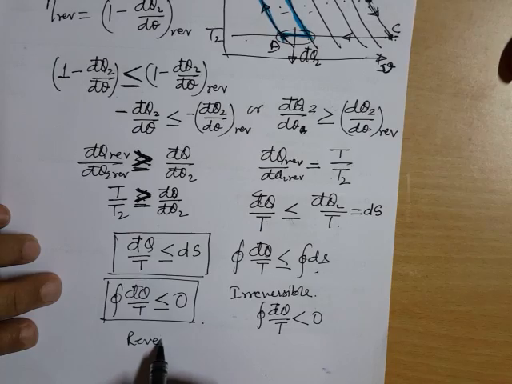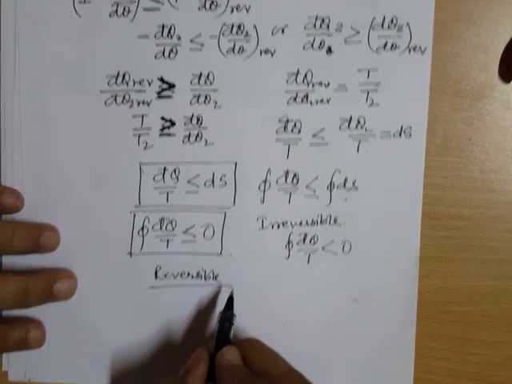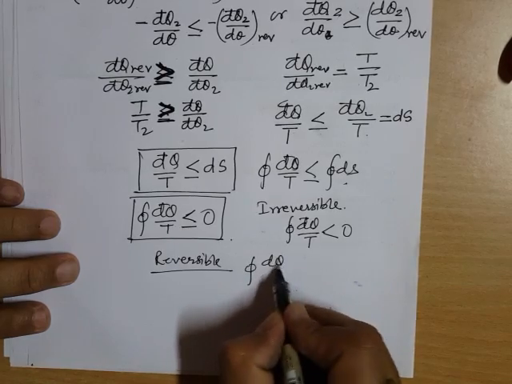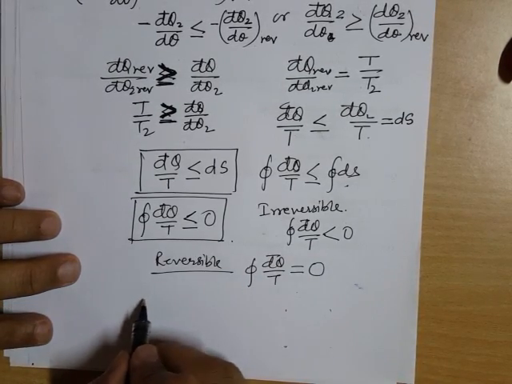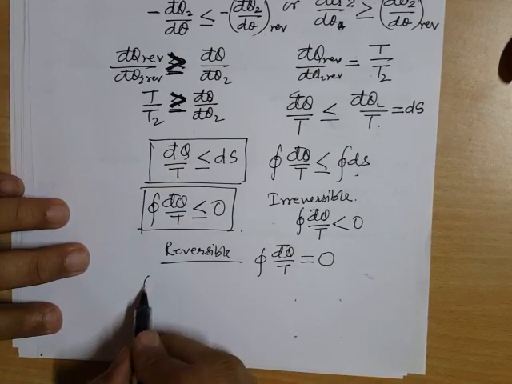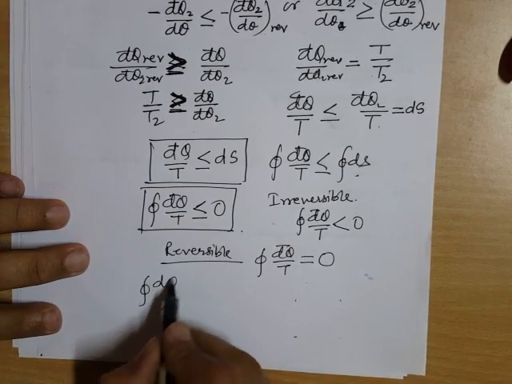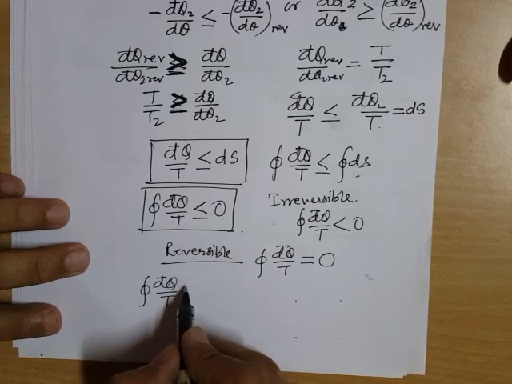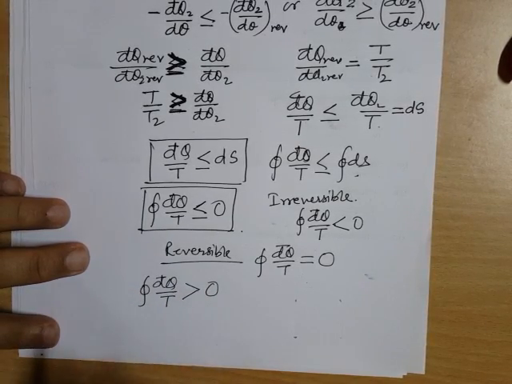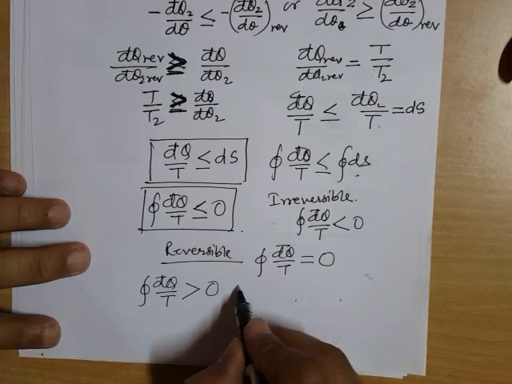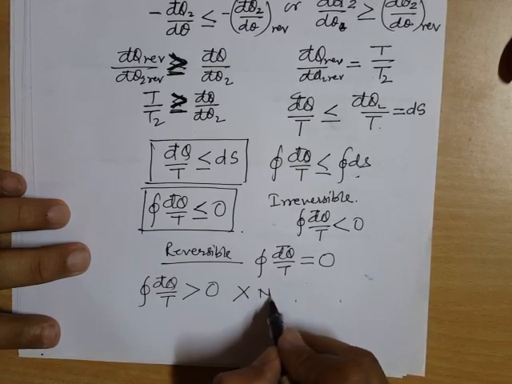If it is reversible, then the cyclic integral of dq by T will be 0. And if in any case you come across where this dq by T is coming out to be more than 0, then it is certain that this is not a possible case.